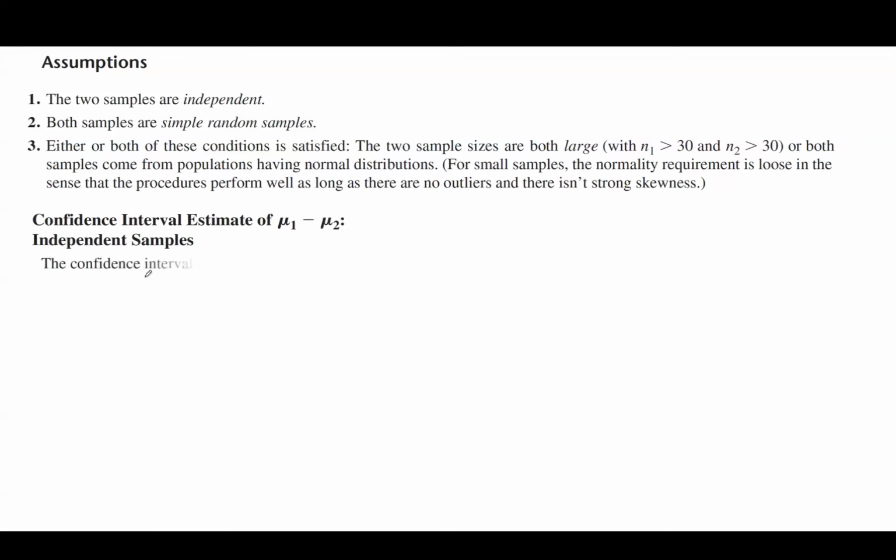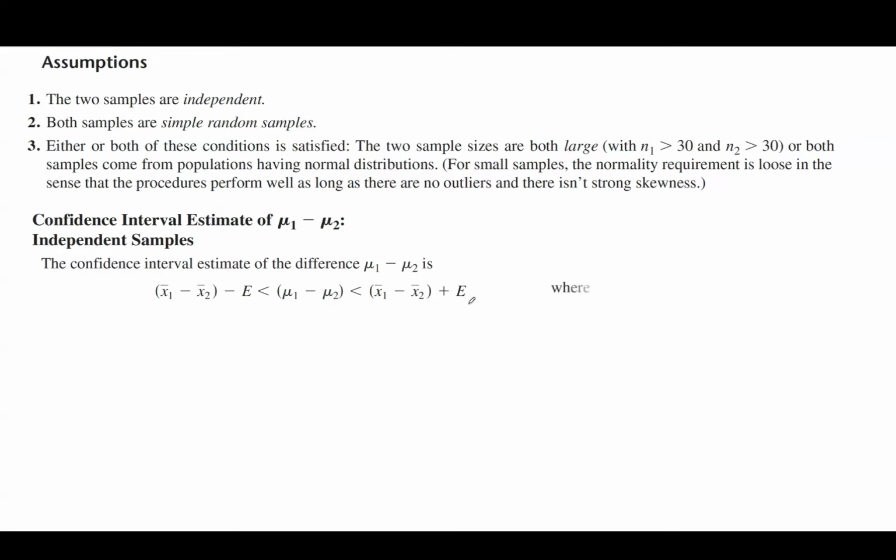The confidence interval estimating the difference in population means mu1 minus mu2 can be written this way. The difference between population means is bounded between the difference in sample means minus the margin of error, and the upper bound is the difference in sample means plus the margin of error.